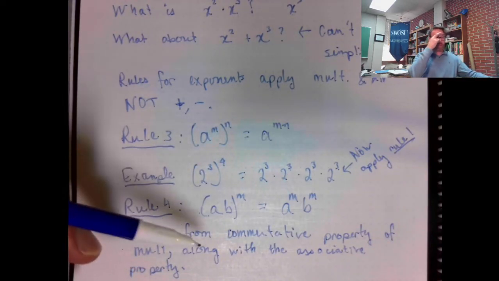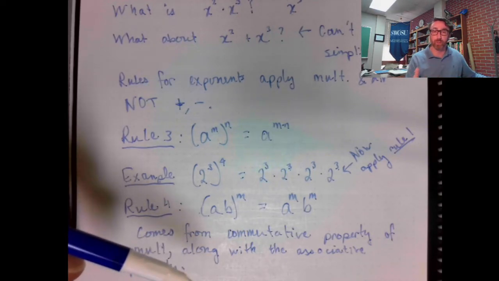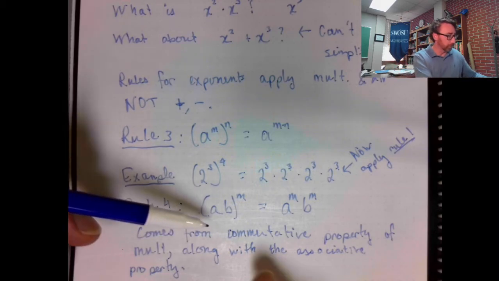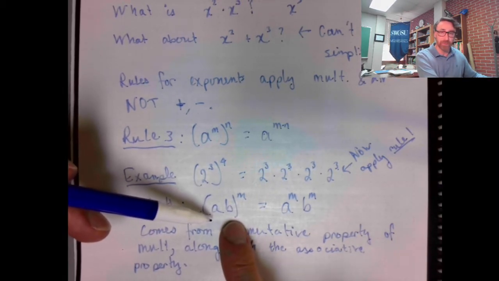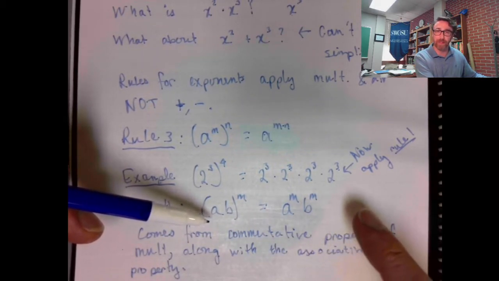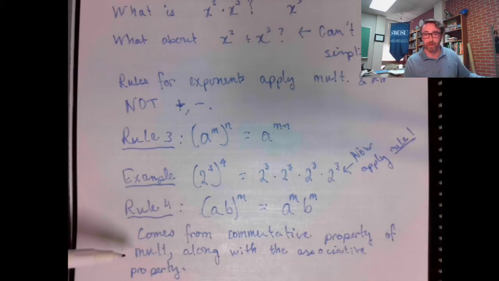And this rule here tells us how exponents work with products of 2 different numbers. Okay, so if I'm taking a product to a power, I can take each factor raised to that power and then do the product. And this comes from the commutative property and the associative property working together. Let's look at a specific example right here.